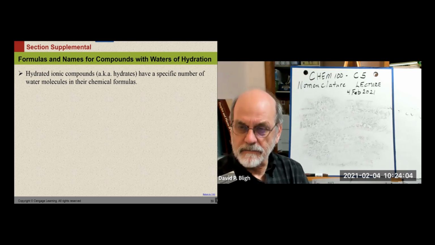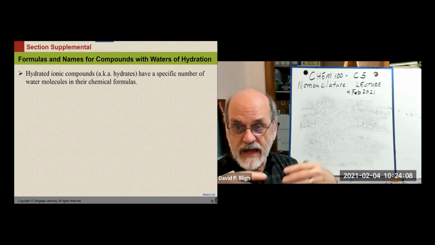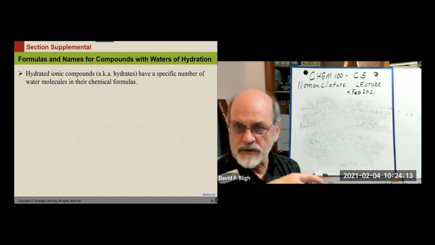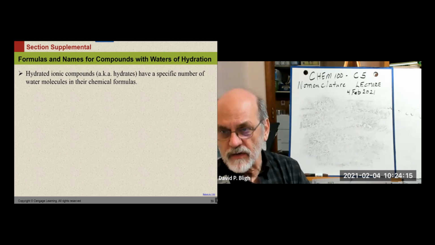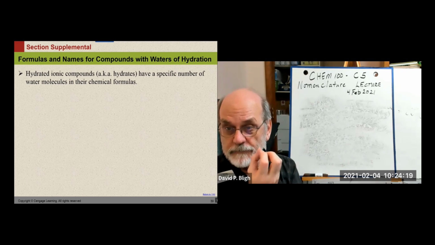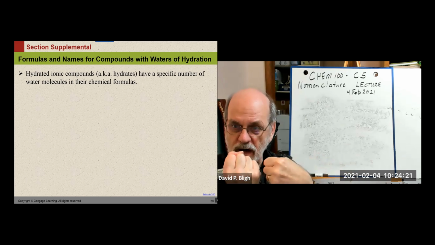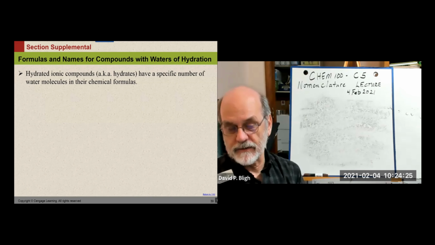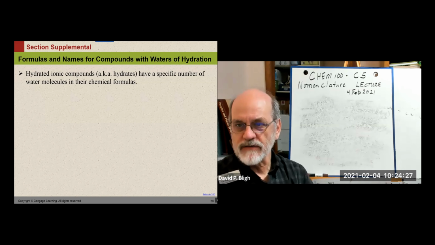But when they do that, the water molecules do not rearrange to make individual hydrogen bonds with hydrogens bonded with some and oxygens bonded with another. They retain their character as water molecules. They're just bound to the structure of the ionic compound. These are called waters of hydration.